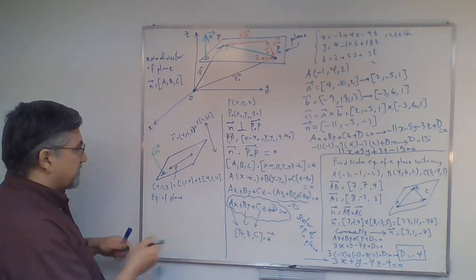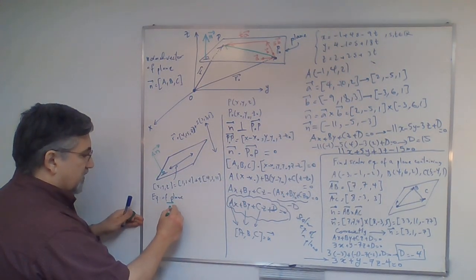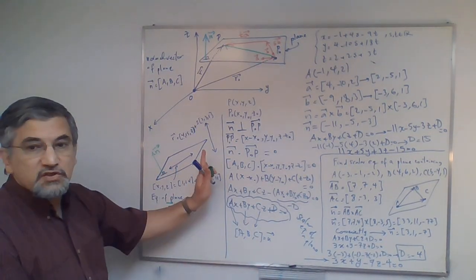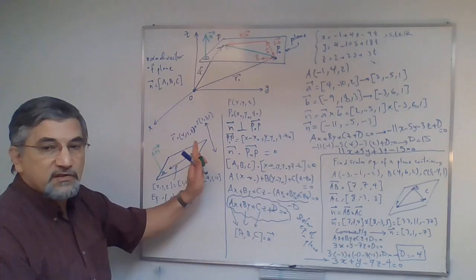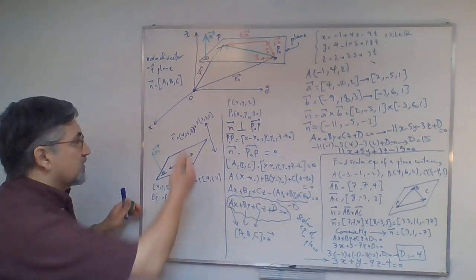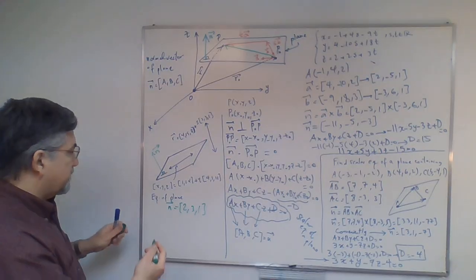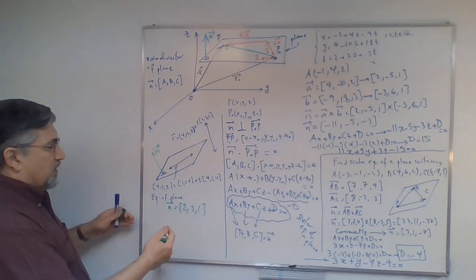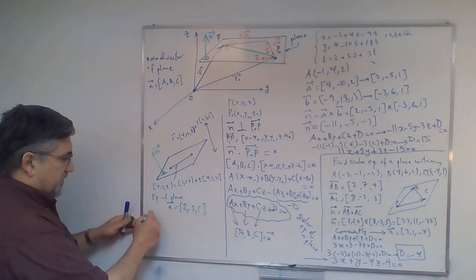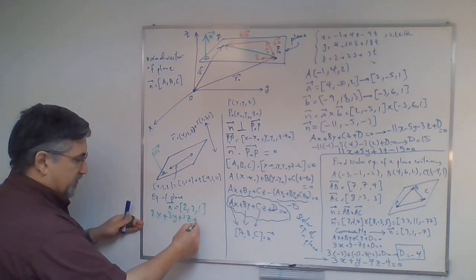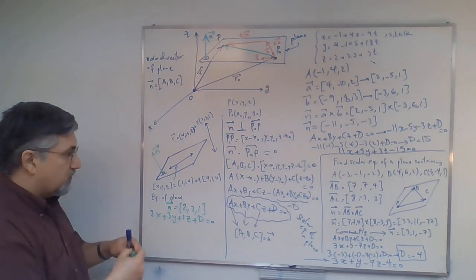So this means that the normal vector of the plane is nothing but the direction vector of the line, which is perpendicular to the plane. So we're going to go 2, 3, 1. That's the normal vector. And so this means that 2x plus 3y plus 1z plus d equals 0, right?